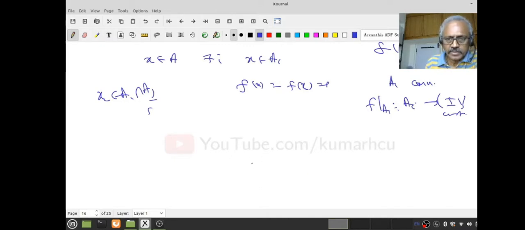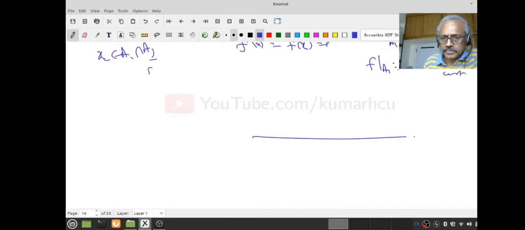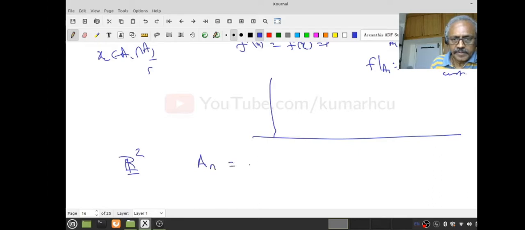Again, you may want to look at an example. Suppose I have this in R2. Let me look at Ar, where r is rational and lies between 0 and 1.